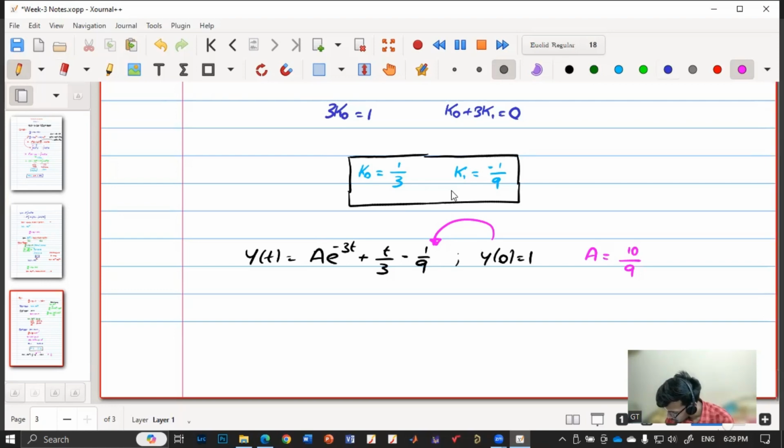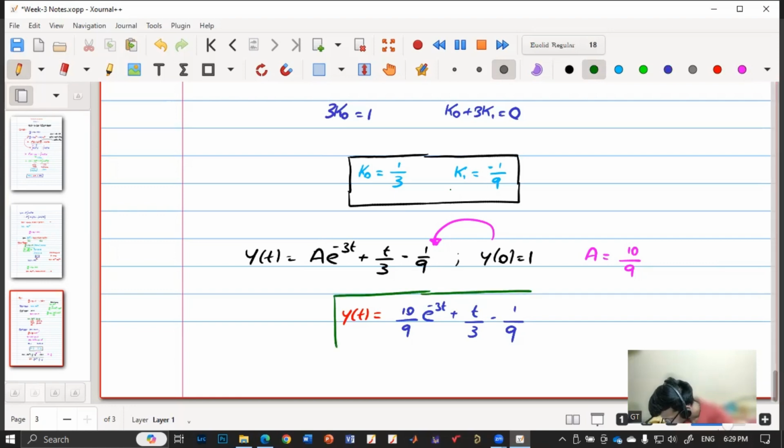So now what will be my final y of t? My final y of t is equal to 10 by 9 e to the power minus 3t plus t by 3 minus 1 by 9. So for the given differential equation, this is my solution.